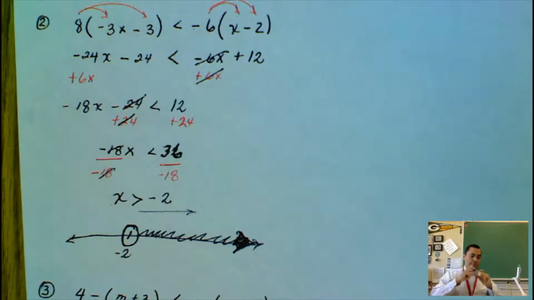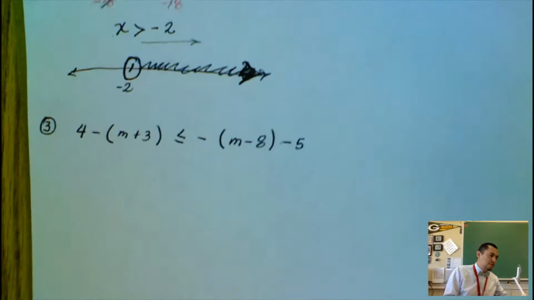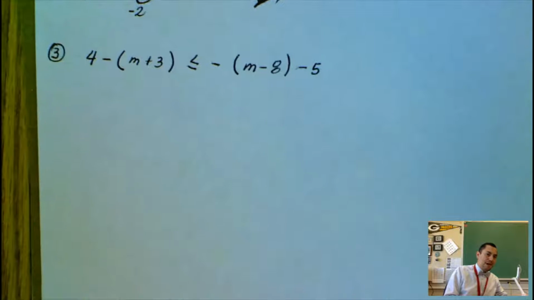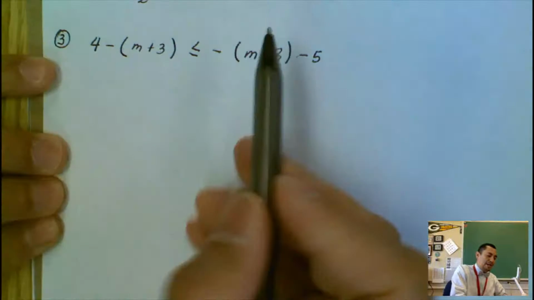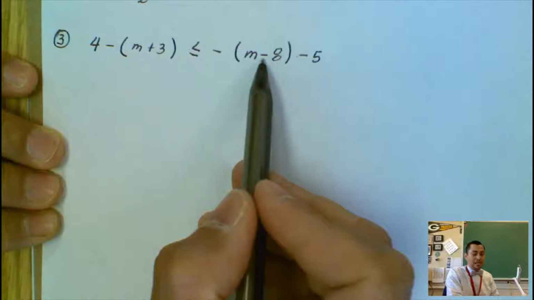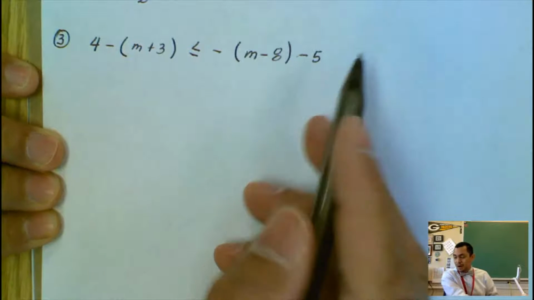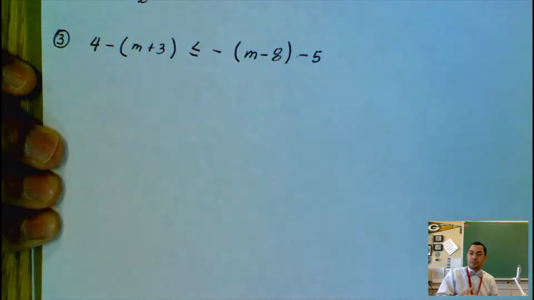As you can see, problems are getting bigger. We're calling for multi-step inequalities. So the next problem that we have is 4 minus parentheses m plus 3 less than or equal to negative m minus 8 minus 5. So what we are going to do in this case, distributive property again in those parentheses.